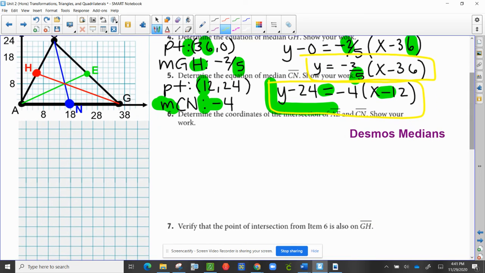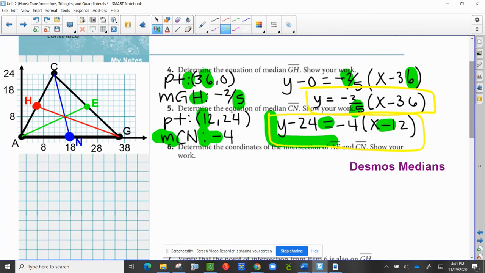Okay. To determine the points of intersection, we need to solve this system. Again, we have the 1/2 x from the other page, and now we have our other two equations.